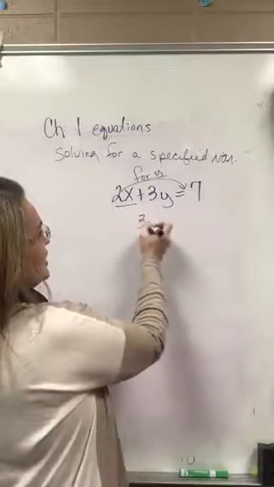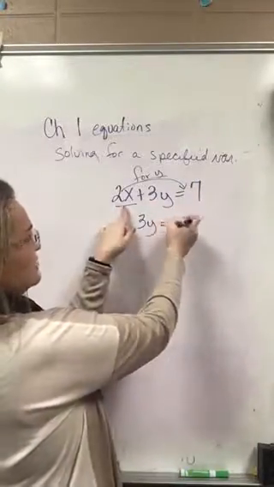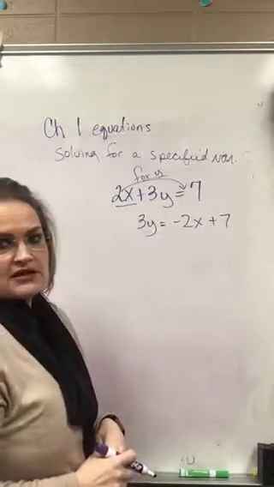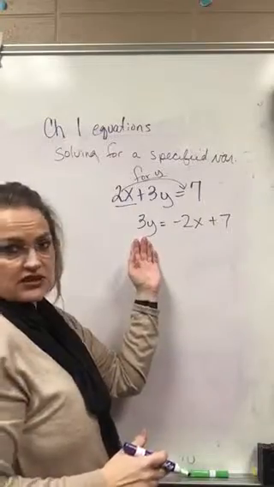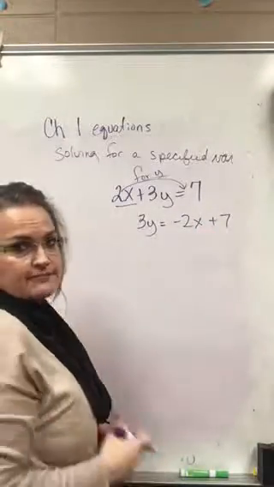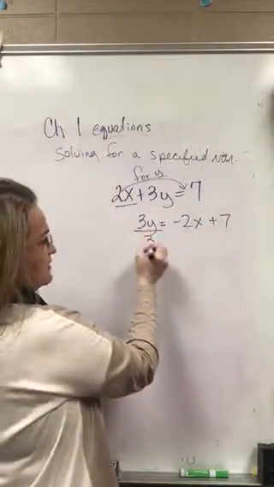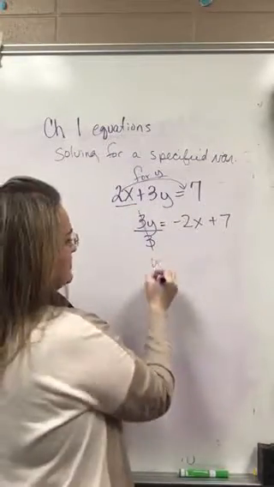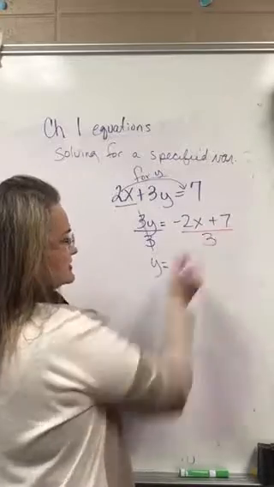So we've got 3y equals, this will become minus 2x, and that's a positive 7. So now we've got only y terms on the left and everything else on the right. Then divide by what's on that variable, since times and divide will cancel to be 1y. Do the same thing to this side.